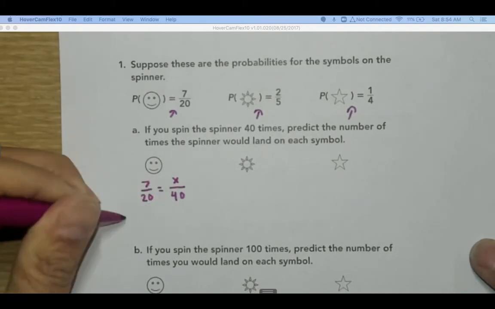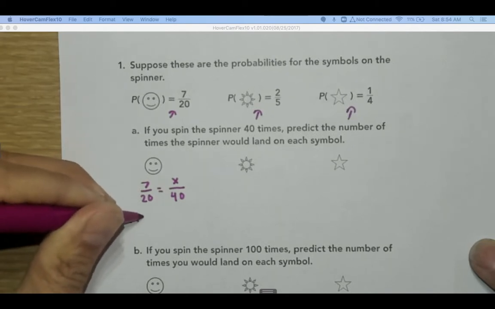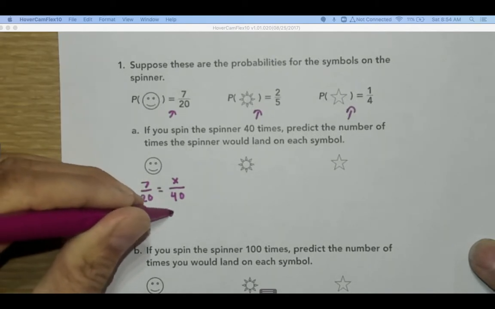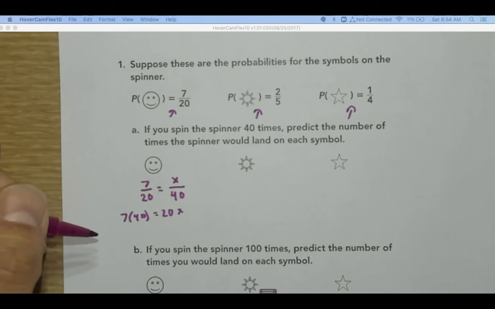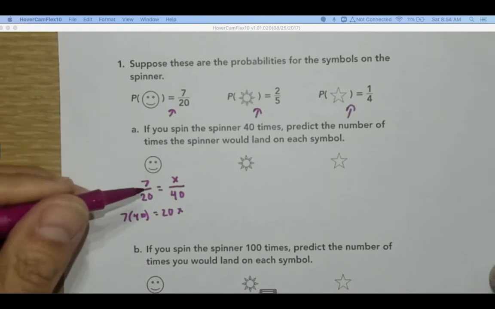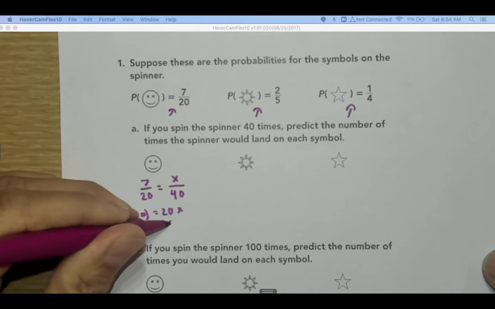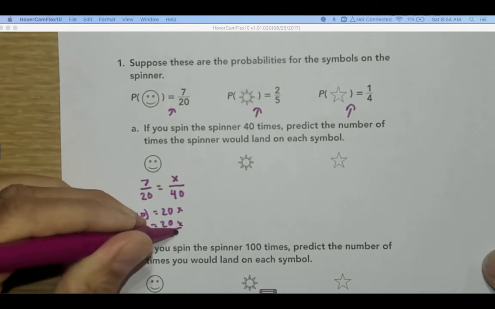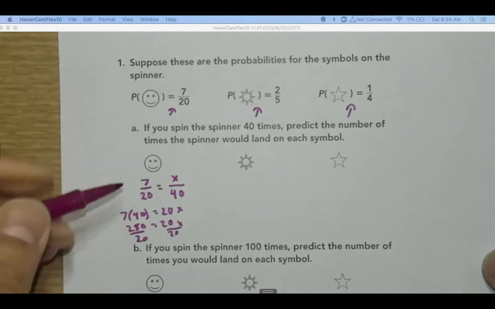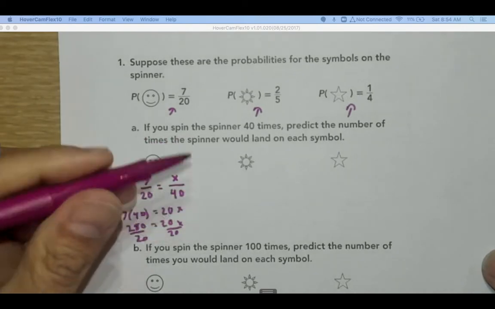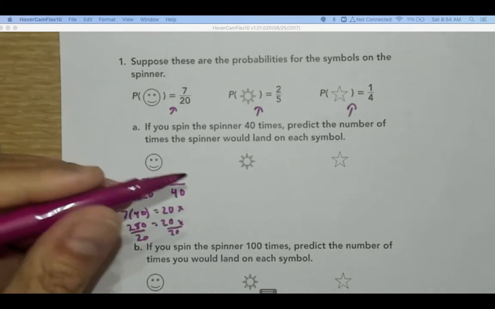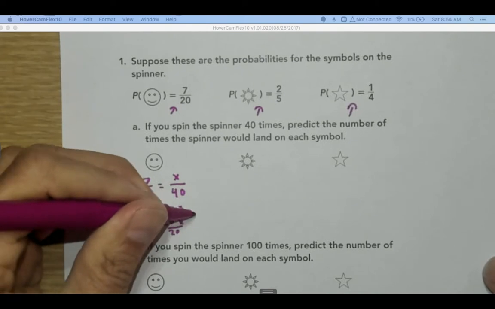So I could take 7 times 40, and that would be equal to 20 times x. When I solve that, I would get 280 equals 20 times x. Divide both sides by 20, and then I am going to get 14.